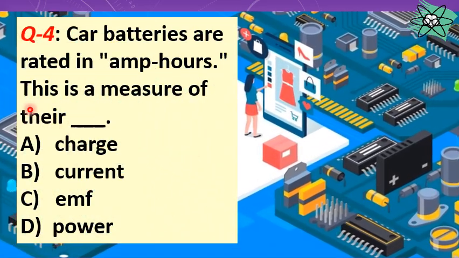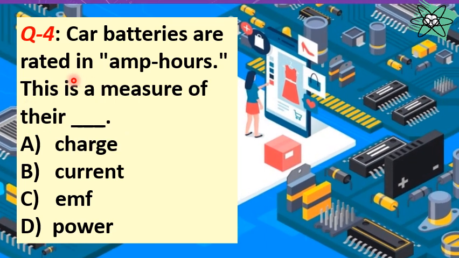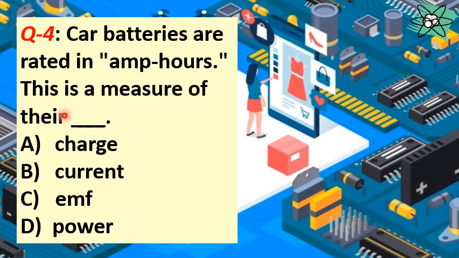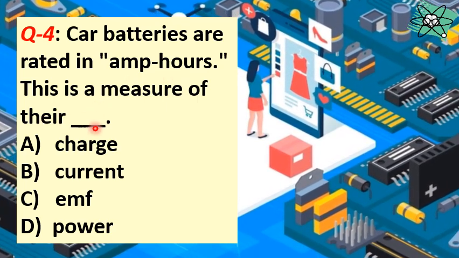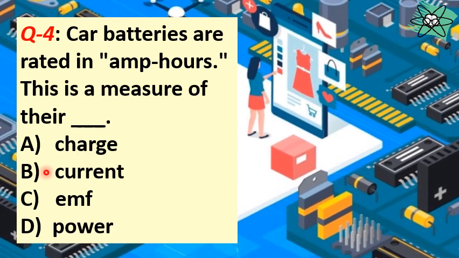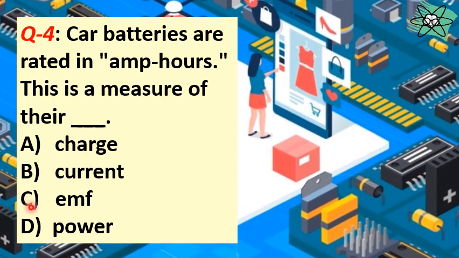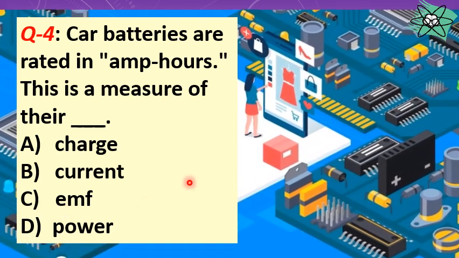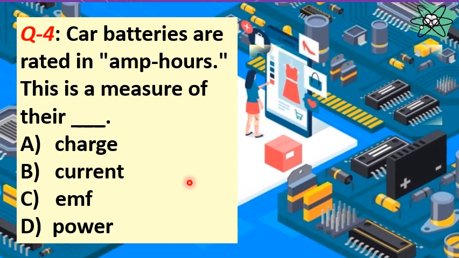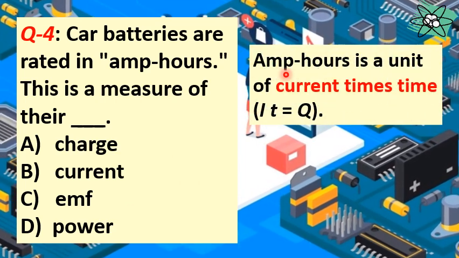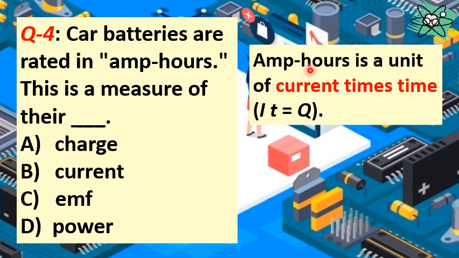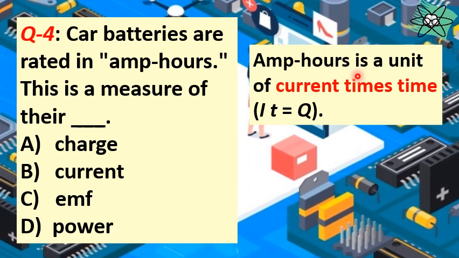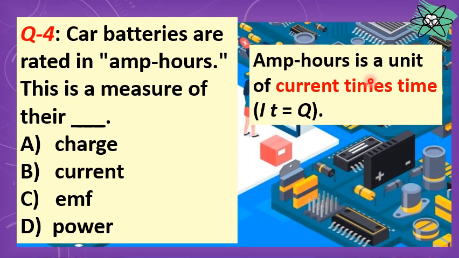Question number 4. Car batteries are rated in amp hours. This is a measure of their letter A, charge, option B, current, option C, EMF, or option D, power. Amp or ampere is actually a unit of current, and hours is a unit of time.